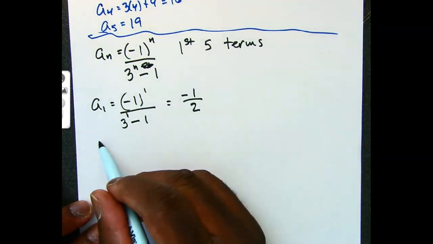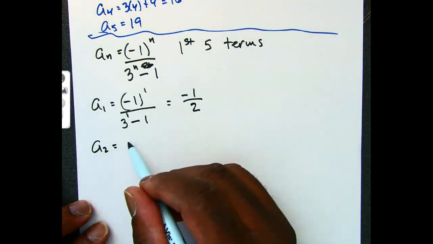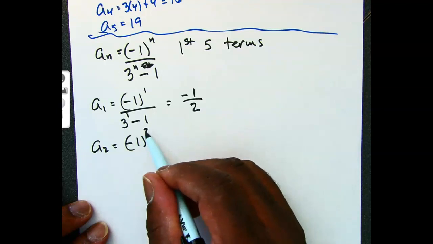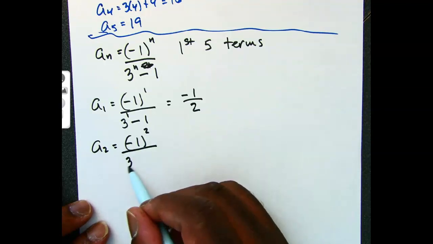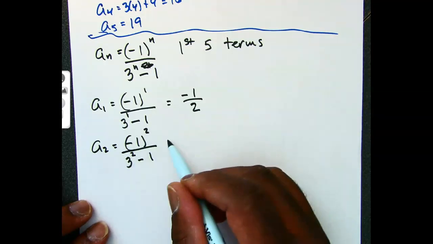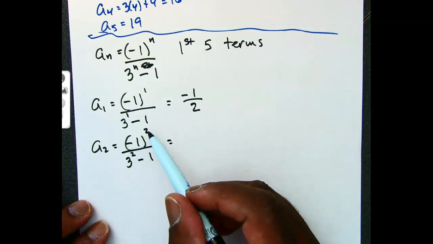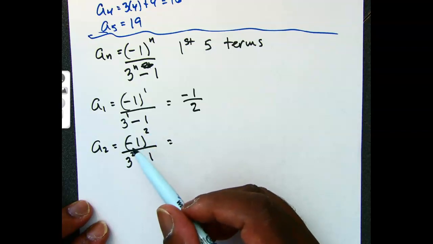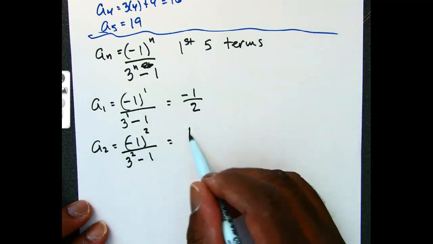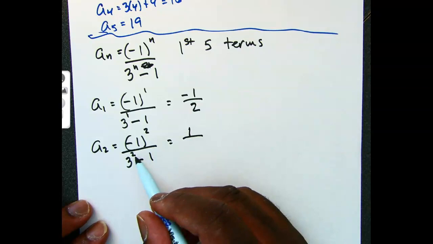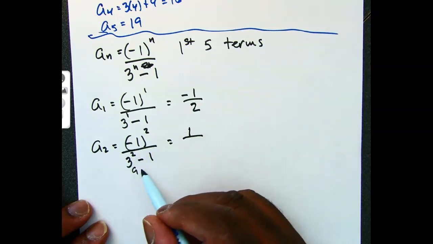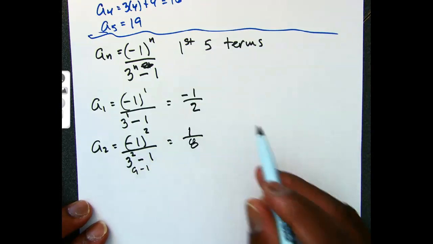A sub 2 would be negative 1 to the second power over 3 to the second power minus 1. So negative 1 to the second, whenever your exponent is even, that's going to make that positive. Negative 1 times negative 1 is a positive 1. 3 to the second is 9. 9 minus 1 is 8.